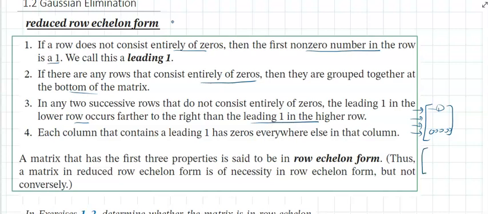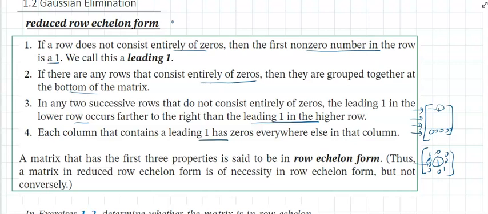That means something like this: the 1 in the second row should be to the right of the one above. And 4. Each column that contains a 1 has zeros everywhere else above and below. So if there's a 1 there, there should be zeros above and below it.